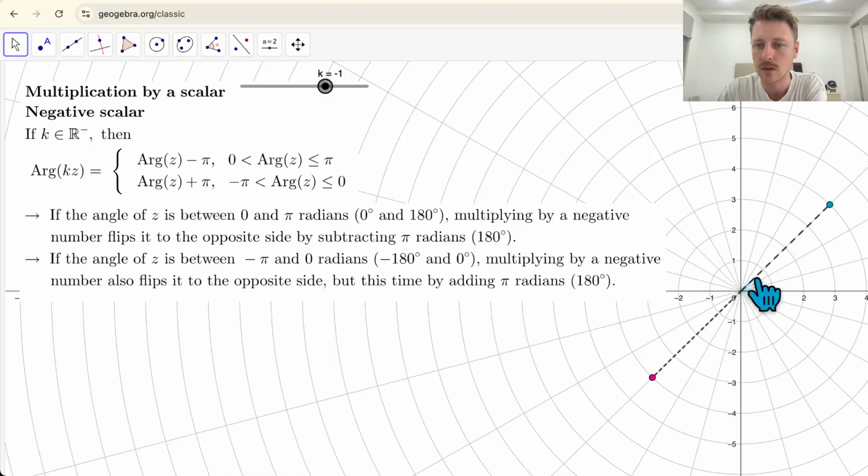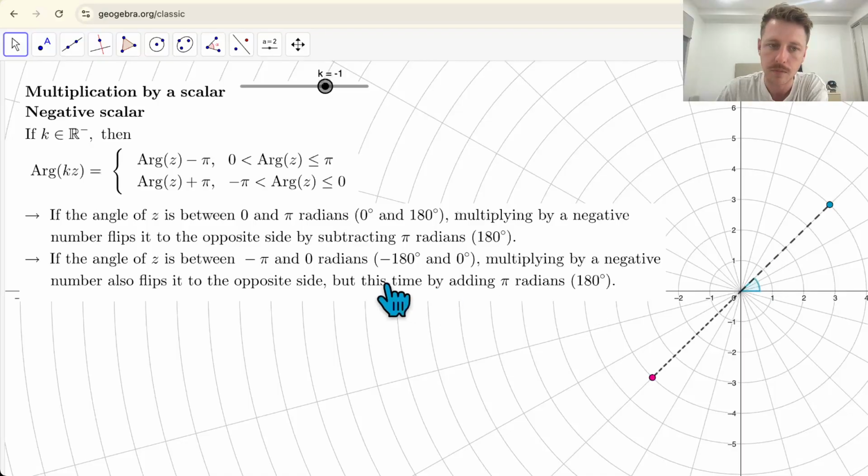So if the principal argument is between 0 and pi, then when you multiply by a negative scalar, the principal argument becomes the same argument but minus pi. So you can see down here is clearly a rotation of 180 degrees, which is pi radians.